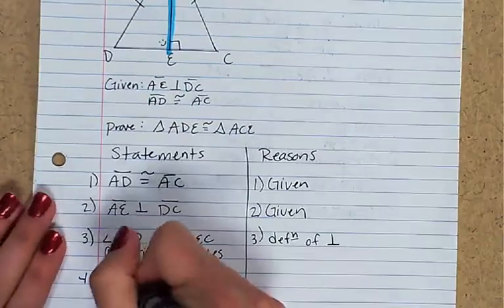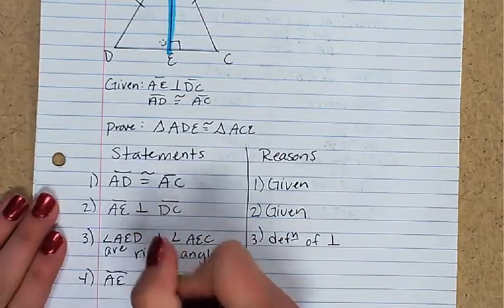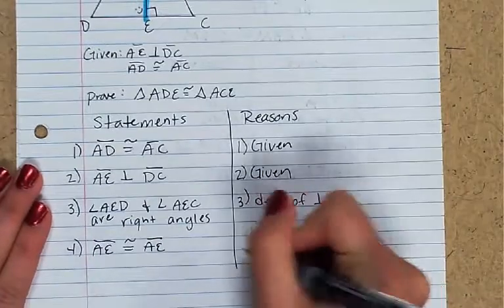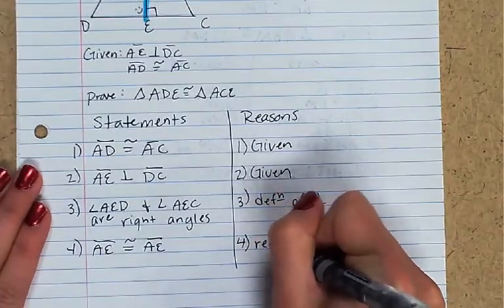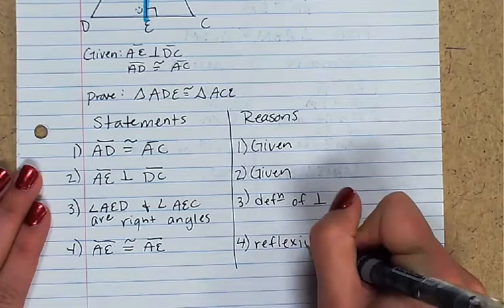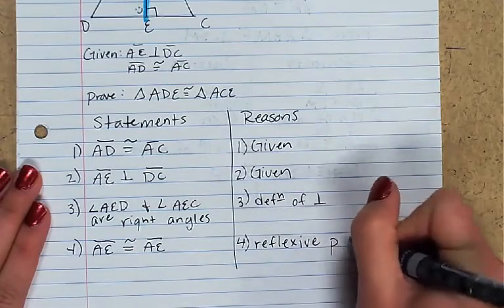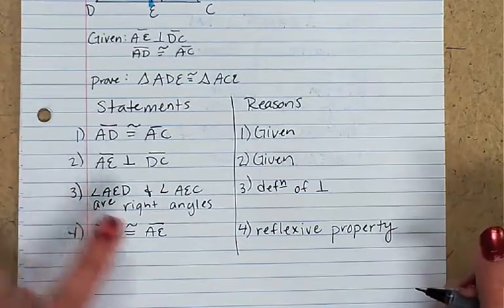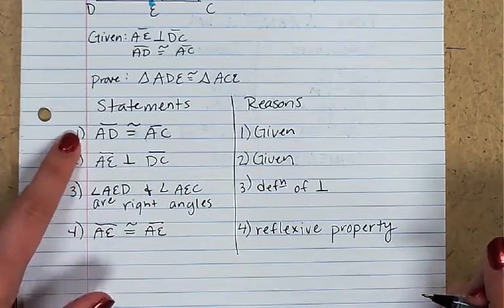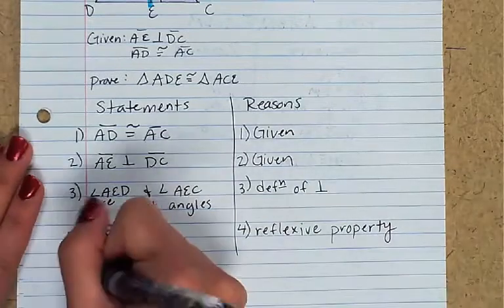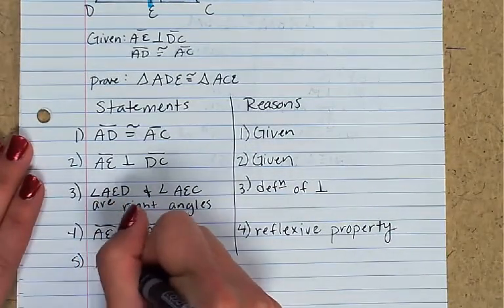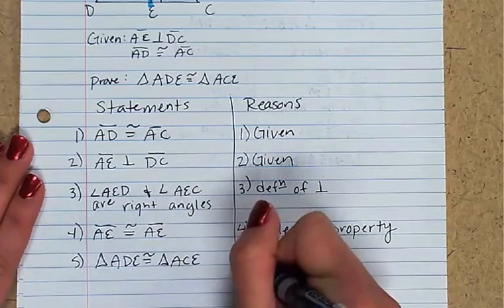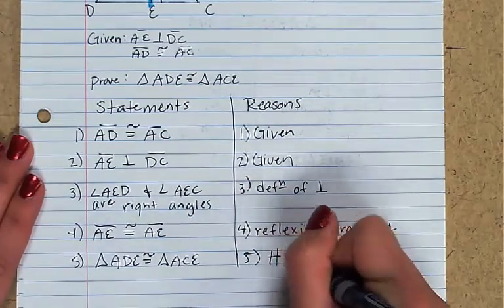So I can say that AE is the same as itself, AE, and that is always the reflexive property. Like looking in the mirror, something the same as itself, reflexive, reflection. Okay, now I have my three things. I said that they're right angles, I have that the hypotenuse is congruent, and one other leg. So I can say that triangle ADE is congruent to triangle ACE by HL.